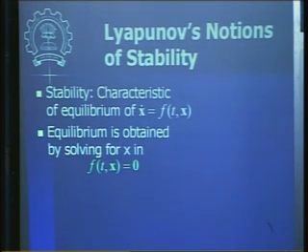Okay, in general the system is x dot equal to f(x). This is a nonlinear system, and here we represent it in this form. If you have x double dot in any of your equations, you can convert them using a state transformation.